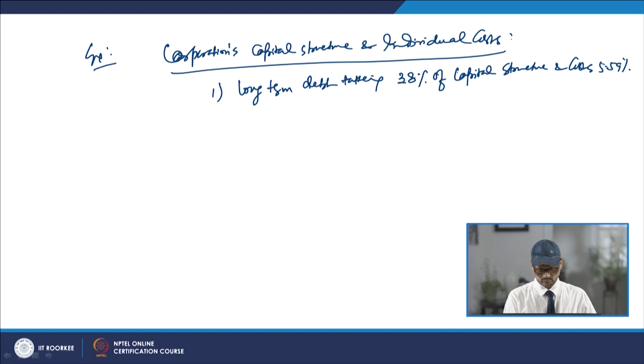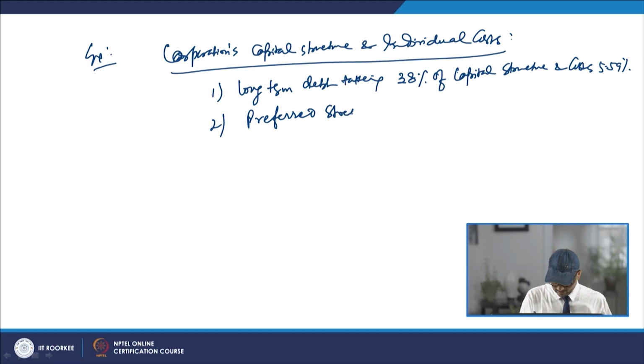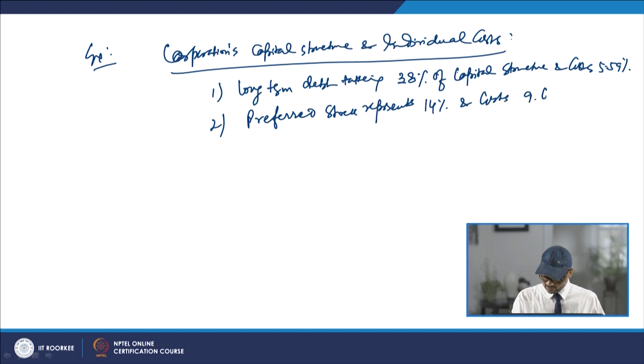Then the preferred stock represents 14%, and it costs 9.62%.